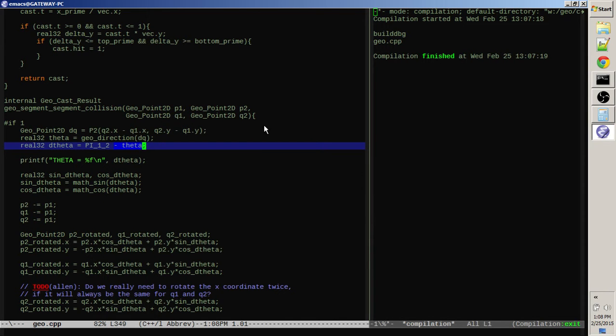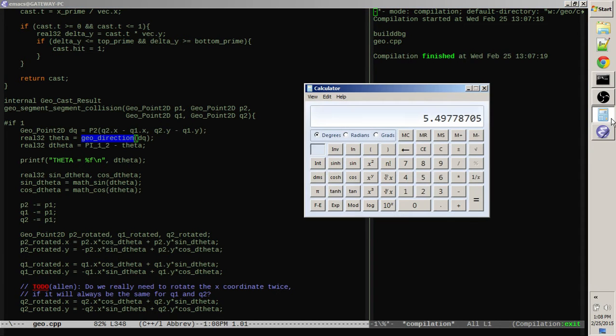It should be computing a d theta. Well, it's computing this d theta with this being the large positive that geodirection returns. So that's why it's a negative.